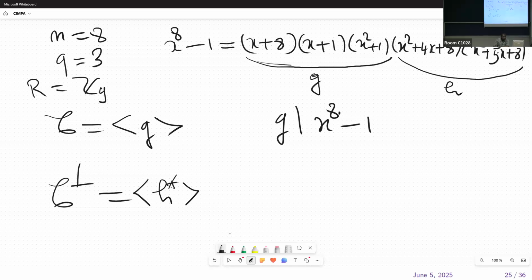This is enough to compute the number of the divisors of x^8 minus 1. x^8 minus 1 has 1, 2, 3, 4, 5.